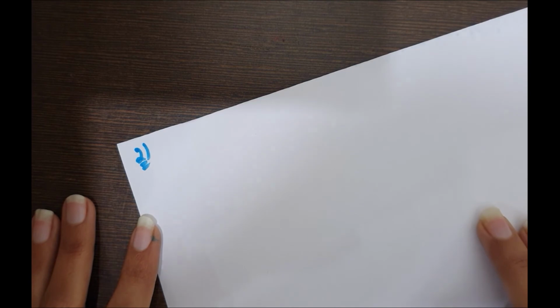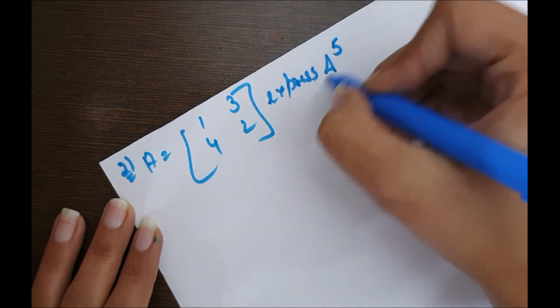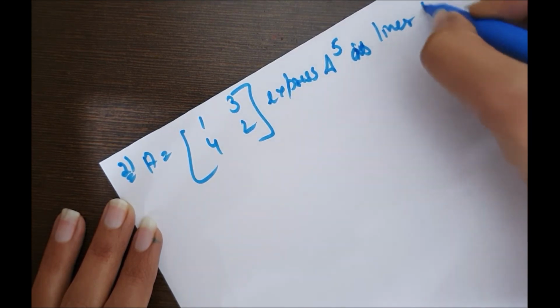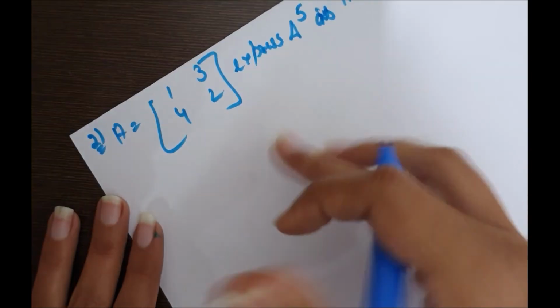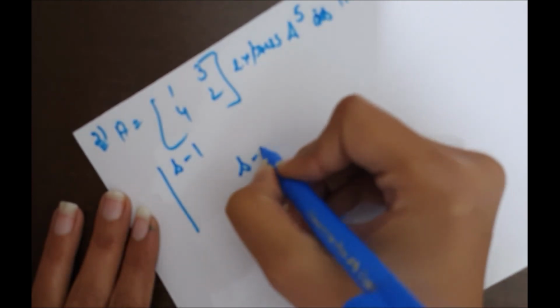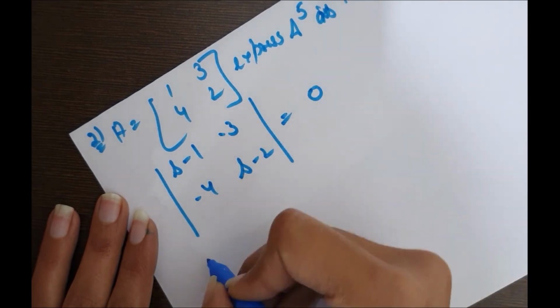Now the second application of Cayley-Hamilton theorem is to convert higher powers in terms of lower powers. For this, the question is to express A to the power 5 as a linear polynomial in A. So for that, we will convert this into the characteristic equation, as I told you.